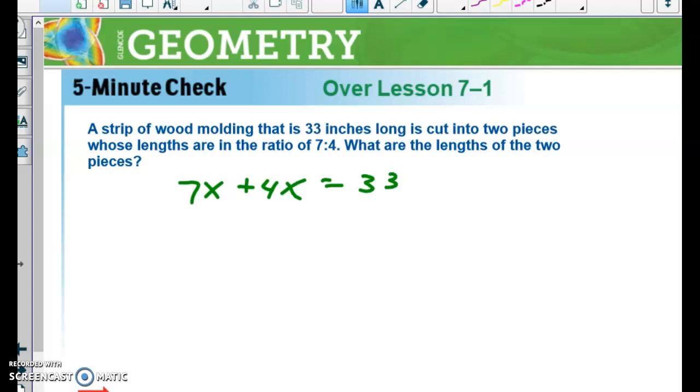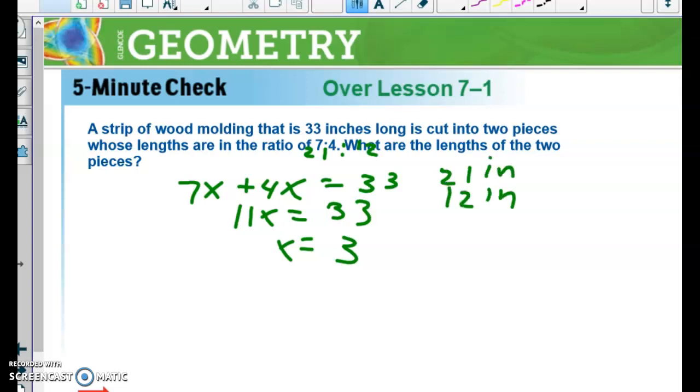If I simplify that down, I know that my x is 3, but that doesn't tell me the lengths. I know that the ratio is 7 times 3, or 21, and 4 times 3, which is 12. So it's 21 inches for one piece and 12 inches for the other piece.